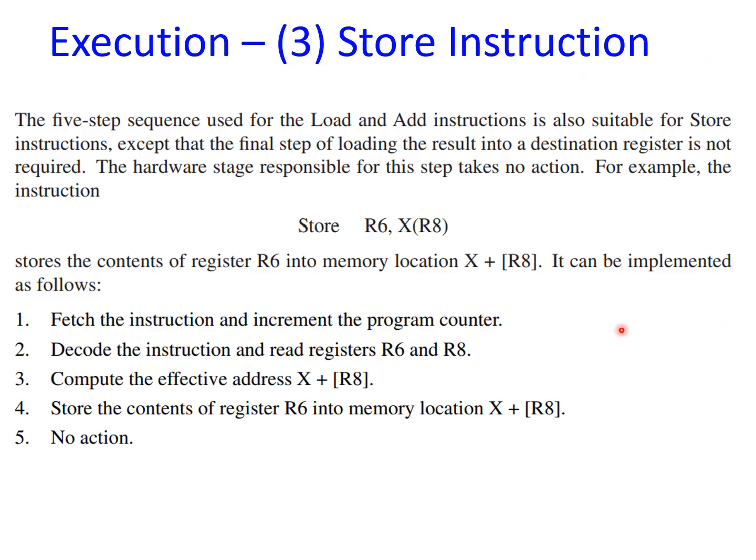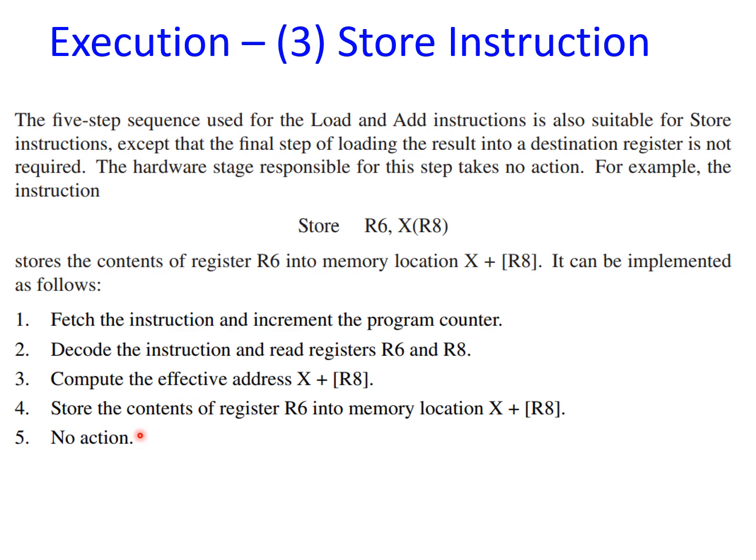Now we'll see the store instruction. For store, again, fetch the instruction and increment the program counter is the first step. Then decode the instruction and read the source operands, here R6 and R8. Now you have to calculate the effective address for the memory operand, so the third step will be calculating the effective address, which is x plus R8.